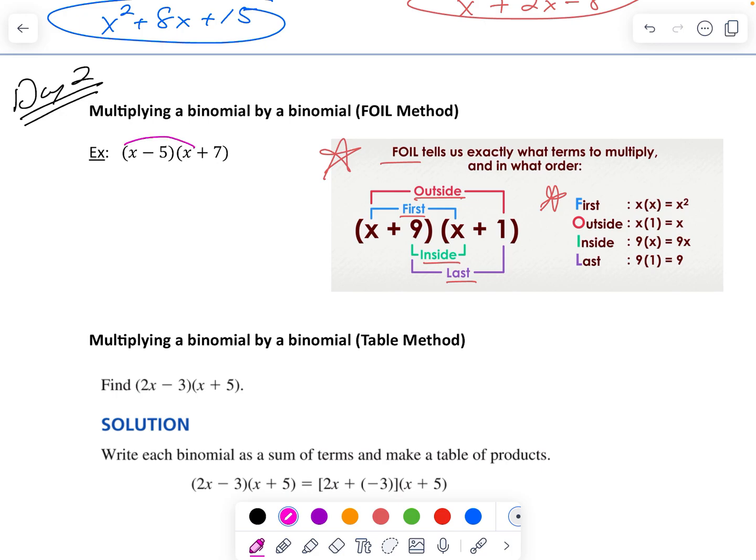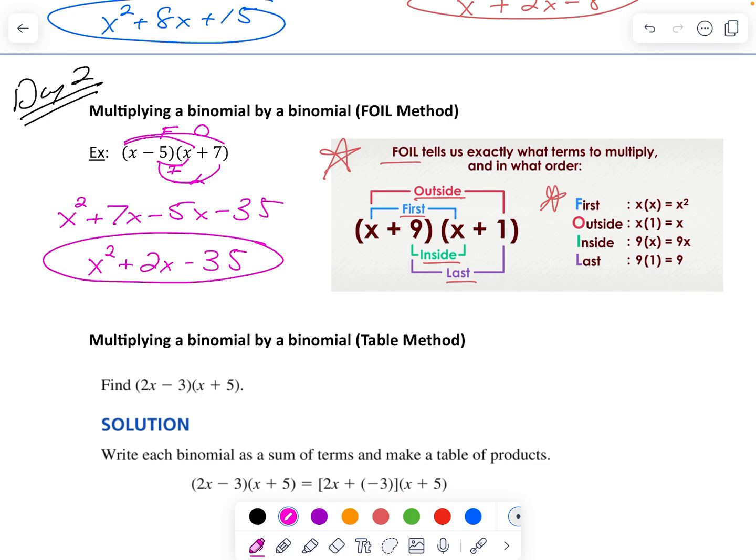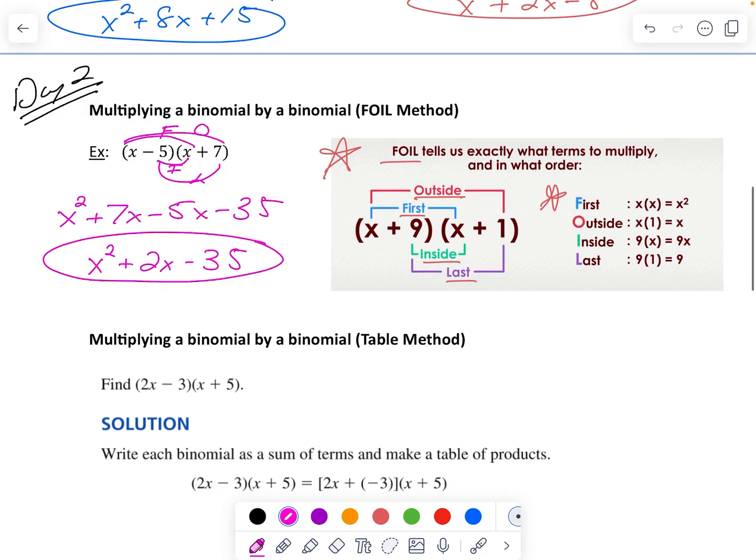So first, outer, inner, last, just like we did. So same thing, x squared, outer plus 7x, inner minus 5x, last minus 35. So what we're doing here, nothing new, same thing like we did last time distributing. It's just now we're putting letters to it, or descriptions, first, outer, inner, last.